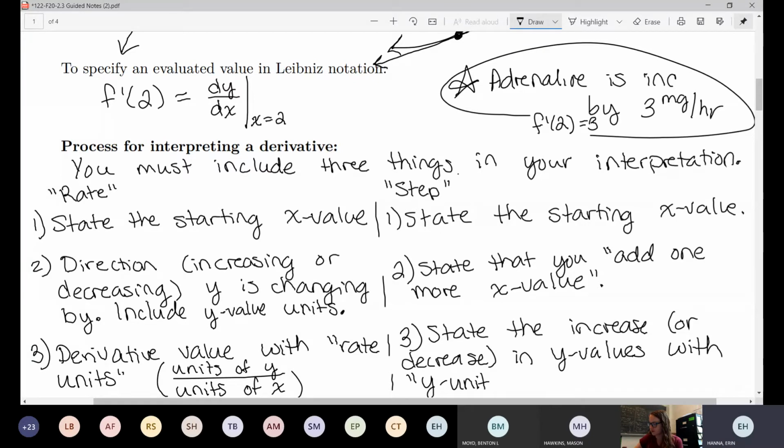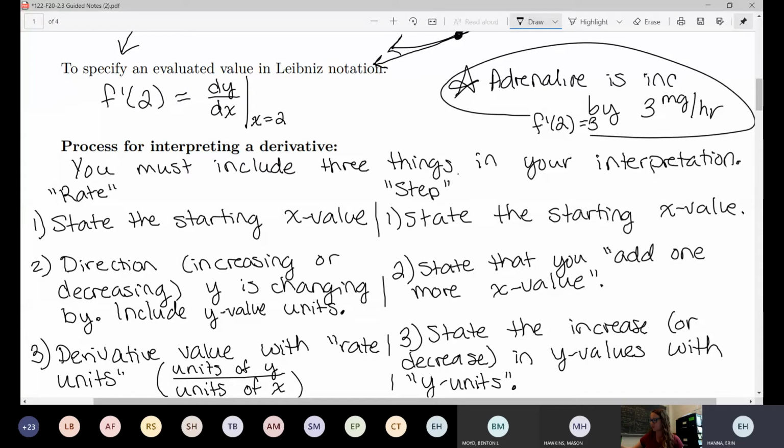So in the rate interpretation, you need to use the slope units, whereas in this step interpretation way, you just use the regular y units. And again, we're going to do an example in just a second, so hopefully if that doesn't already make sense, it'll make more sense, because I'm going to write this next one in both ways, and then I'll usually pick one over the other for the rest of them. But if you ever want me to show you the opposite way that I wrote down, just let me know.